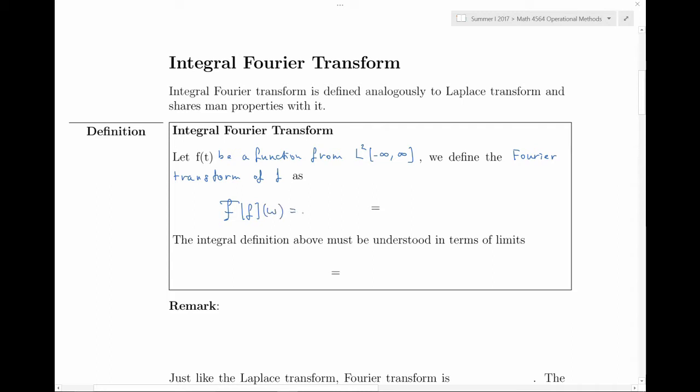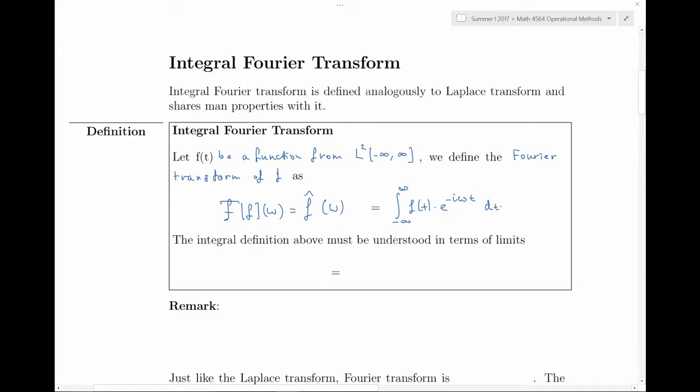Another notation that people often use is to put a little hat symbol on f. It is an integral from minus infinity to infinity of f of t against e to the minus i omega t dt.